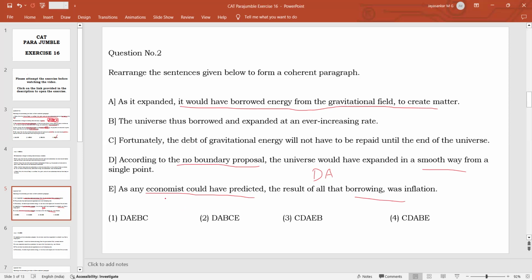Here, no. Why? Because he is bringing in economics to introduce the term inflation. So what is inflation actually? Inflation is the loss of value of your currency. But in this sense, whenever you borrow things, inflation means the expansion is happening.